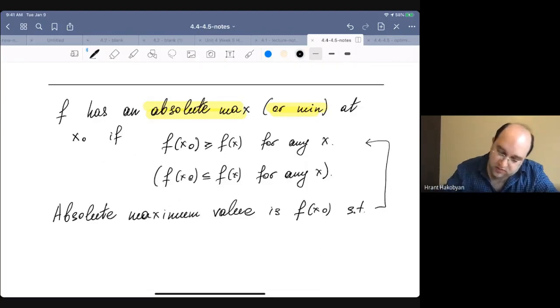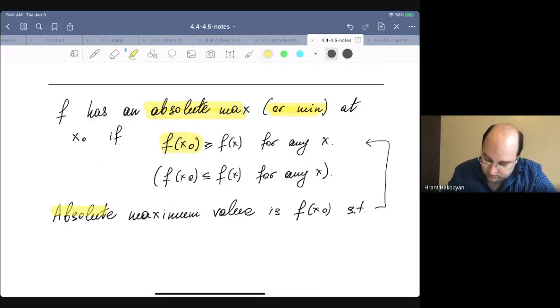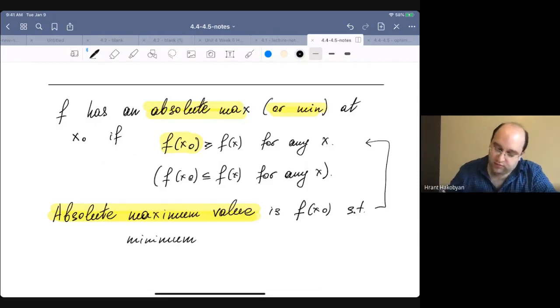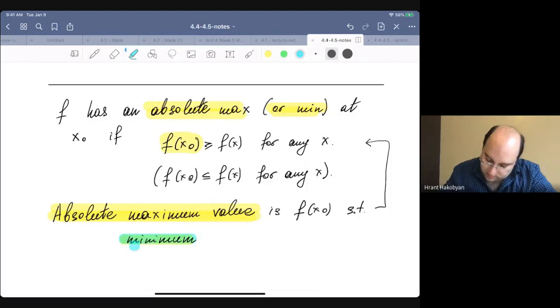Okay, so that number here is called the absolute maximum value, and absolute minimum value, we can also do minimum here, and the absolute minimum value would be this particular thing.